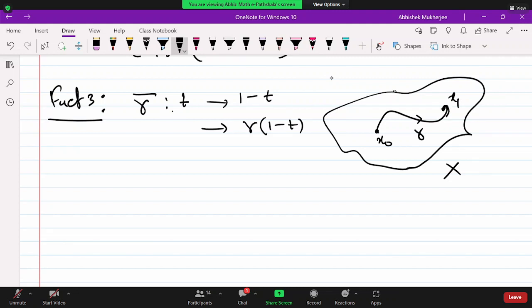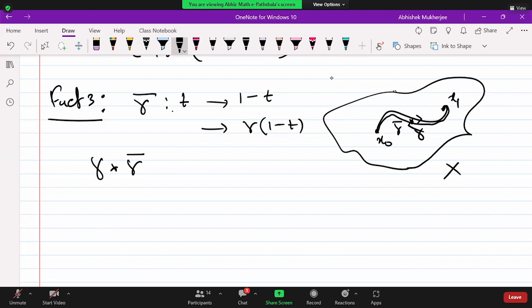So this is your gamma path. Now you want to take the operation gamma star gamma bar.